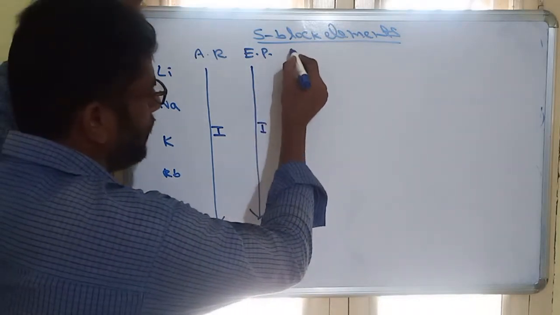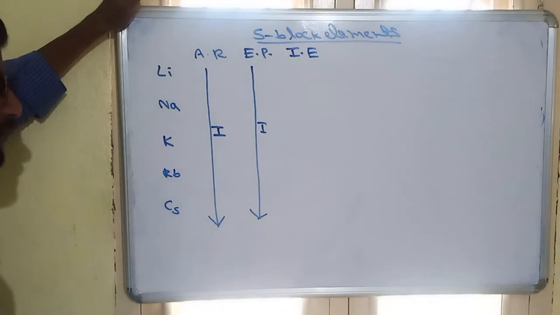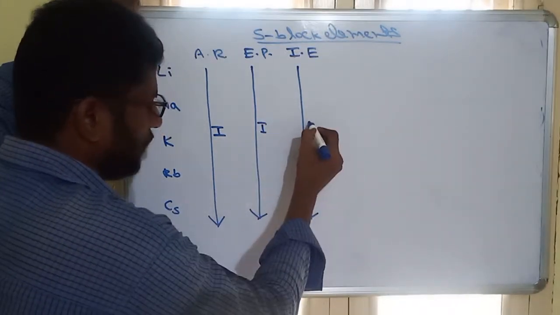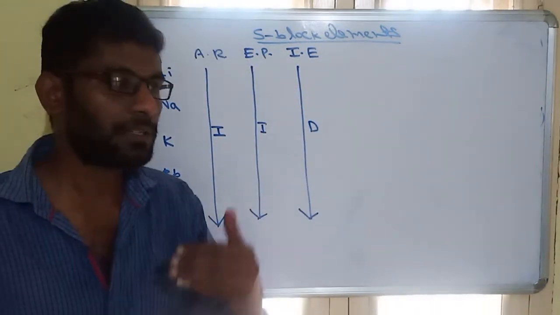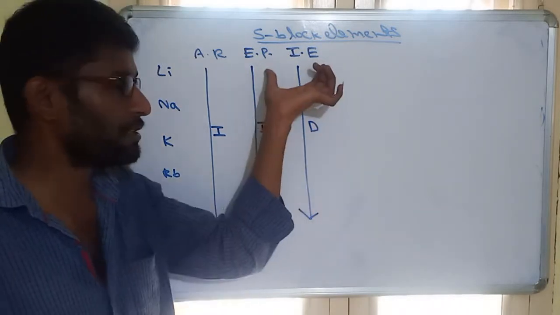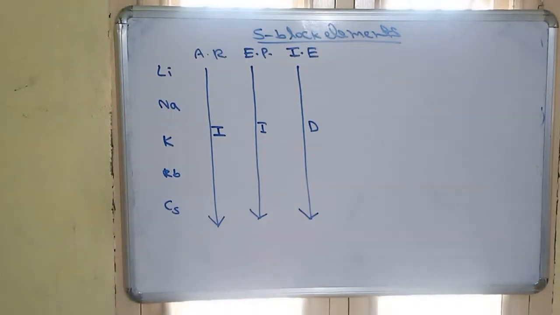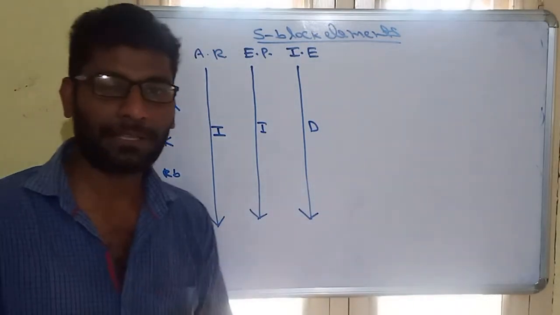Another important property, ionization energy. Ionization energy decreases from top to bottom. Why? What is ionization energy? It is the amount of energy required to remove the outermost electron from a gaseous atom.